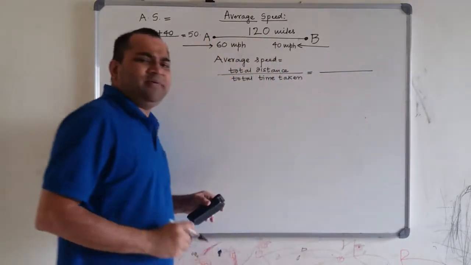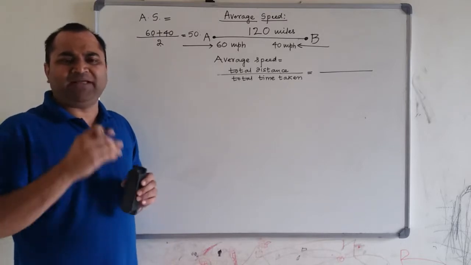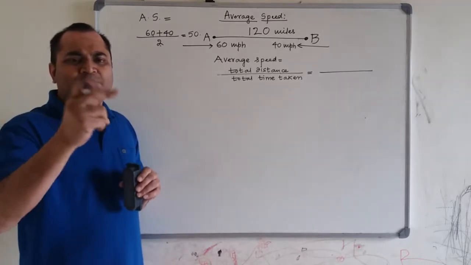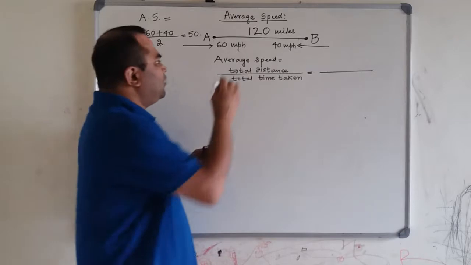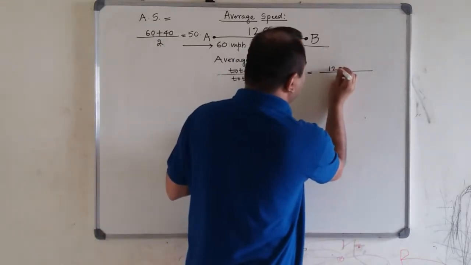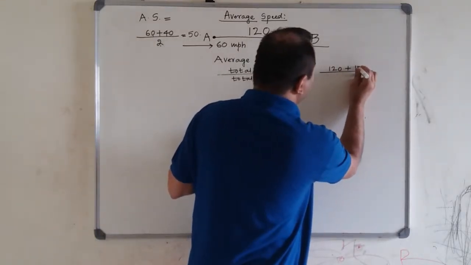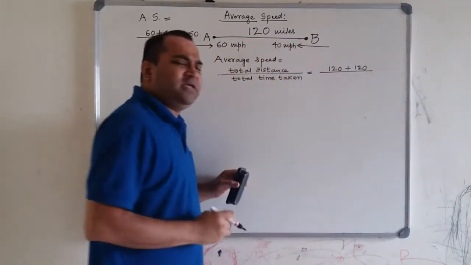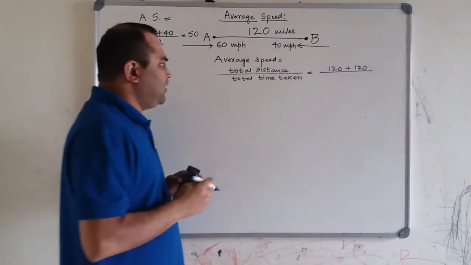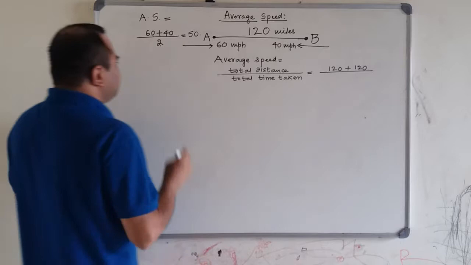Here, what will be the total distance travelled by the car between A and B to and fro? 120 while going from A to B, and another 120 miles for coming from B to A. Now total time taken.